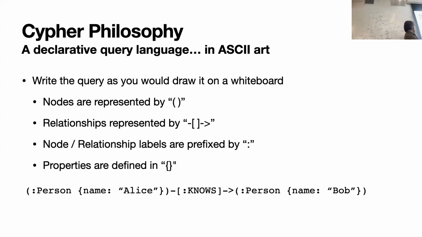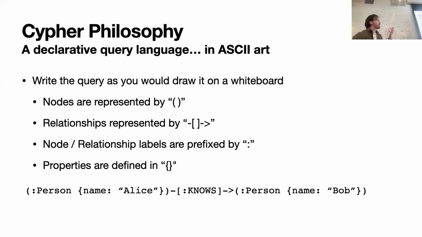So we start with a node and we specify the label. We give it colon Person. So we want to find a relationship that starts with a node of type Person and has the property name Alice. That's pretty simple. And then we specify the relationship. So we want to find if Alice knows another person named Bob.